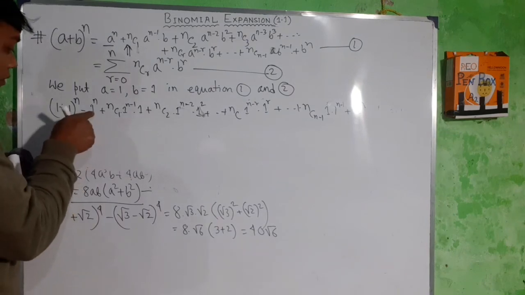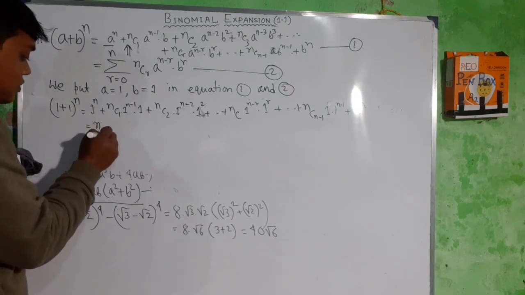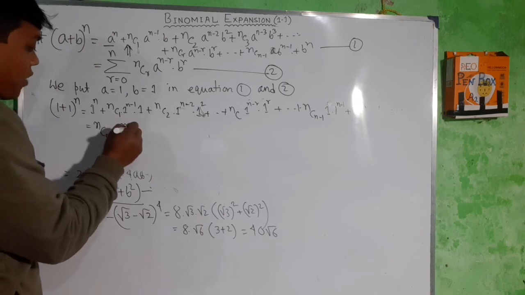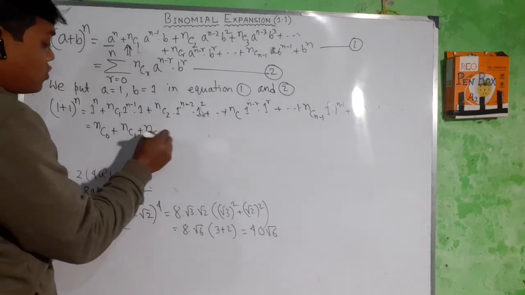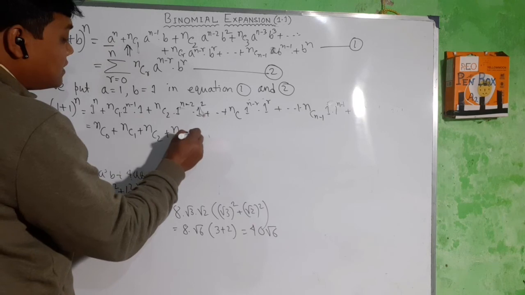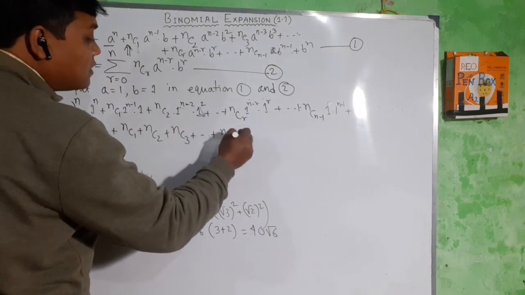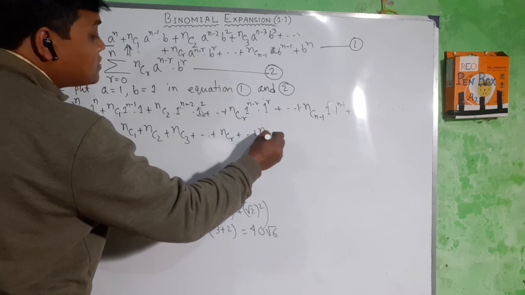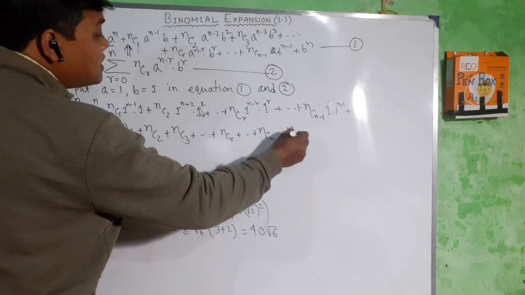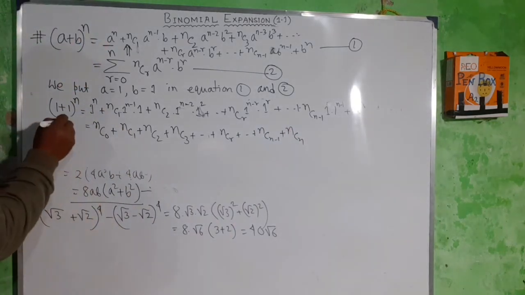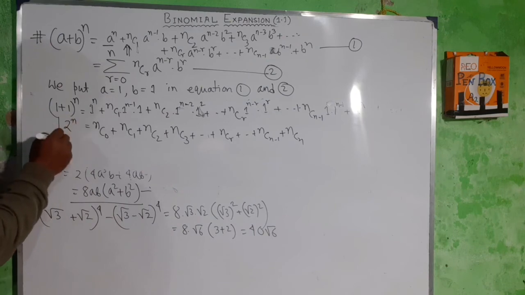So you can write here 1, you can write nC0, then nC1 plus nC2 plus nC3 up to nCr, nC(n minus 1) plus nCn. This term is 2 to the power n. So what is the value of 2 to the power n?